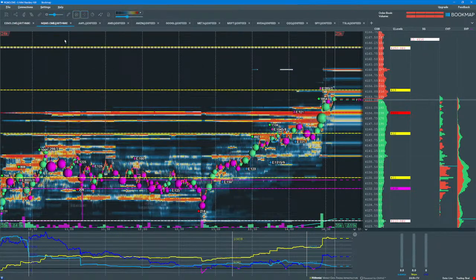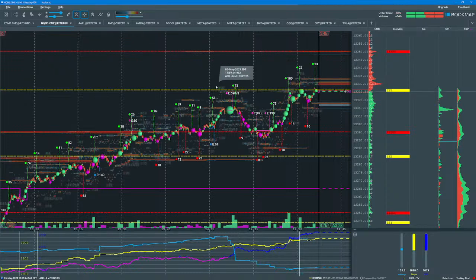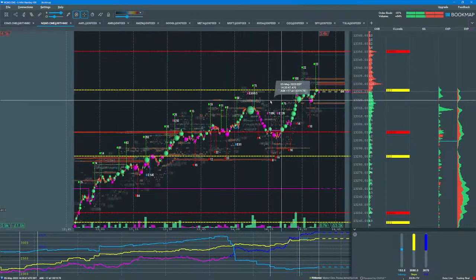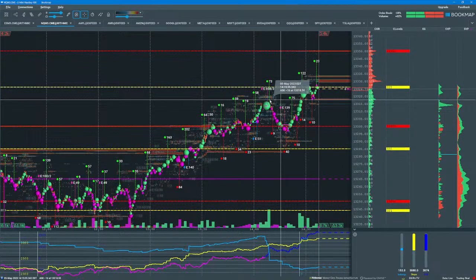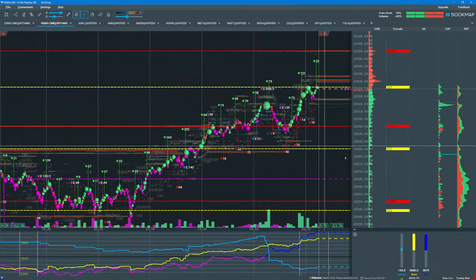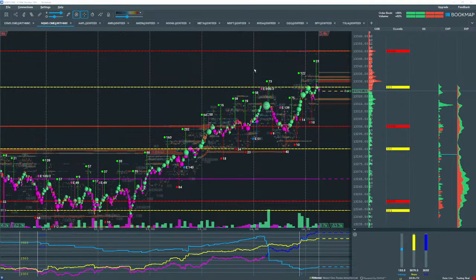Take a look at NASDAQ. Price continues higher. Buy stop orders, cumulative volume delta moving higher. And now it looks like large traders have started to fade this move with iceberg orders, shown by this light blue line.